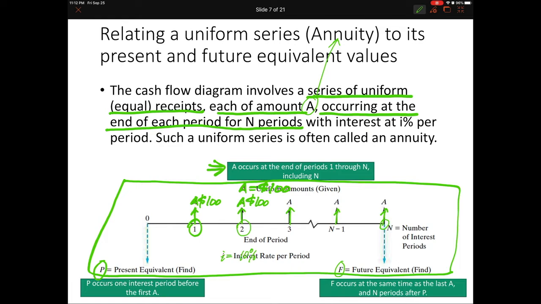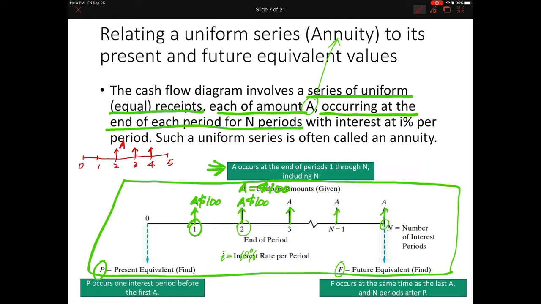Okay, so if you have a cash flow diagram, let me draw it here. 0, 1, 2, 3, 4, 5 years maybe, but your annuity begins at the end of the second period, and you don't have anything at the end of the first period or at the end of the fifth period.